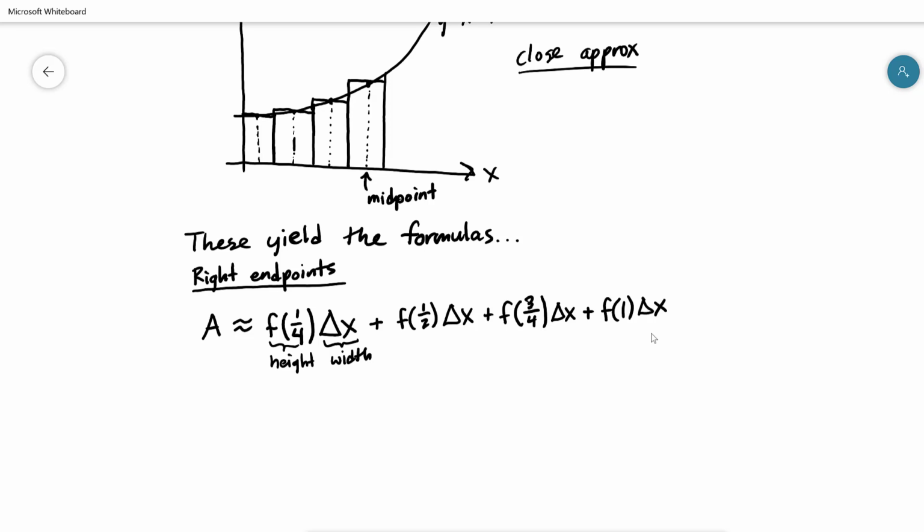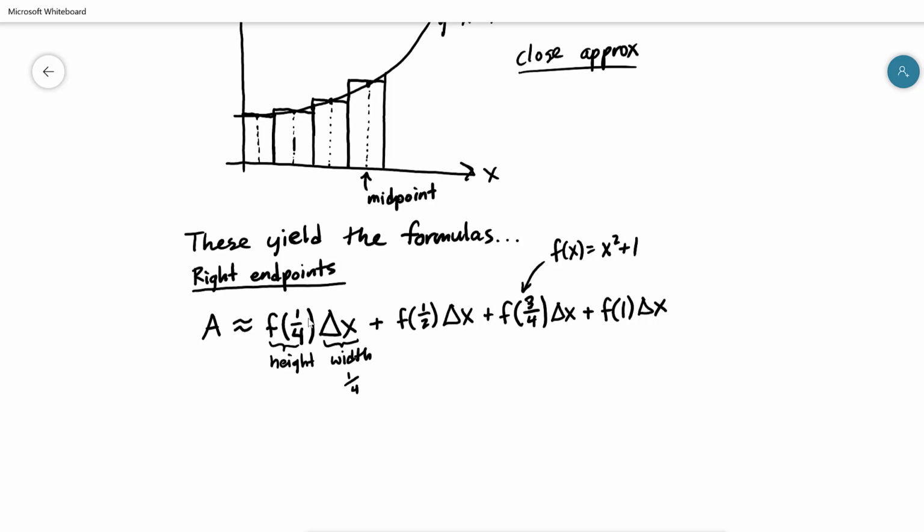If we actually plug these values in to the calculator, remember, f of x is equal to, in this case, x squared plus 1. That was the graph that we were using. And remember that delta x is 1/4. So if I just plug in 1/4 into my f of x, 1/4 squared is going to be 1/16 plus 1.